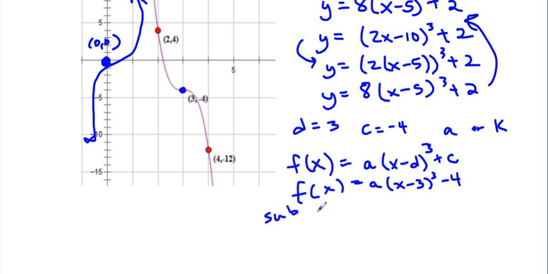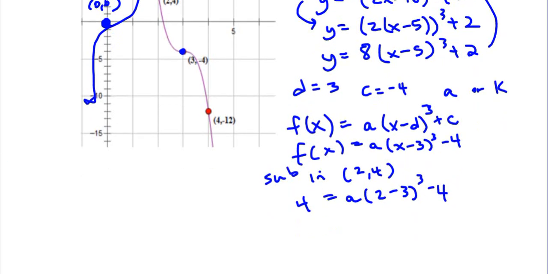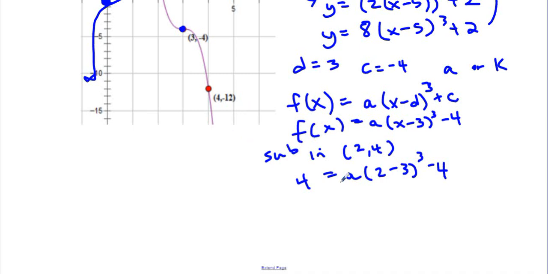So sub in (2, 4), and I will get 4 equals A times (2 minus 3) cubed minus 4, and then I'm just going to do some grade 9 algebra here and rearrange. This is minus 1 cubed minus 4. I'll bring the minus 4 over to the other side.